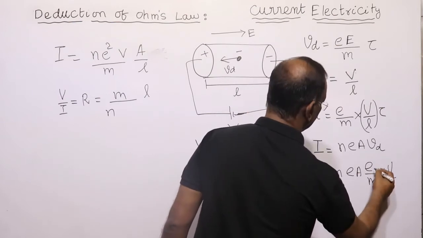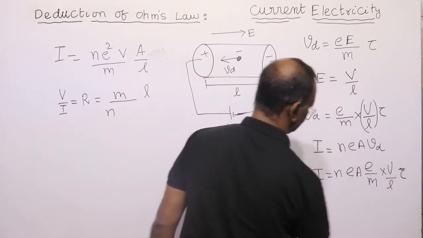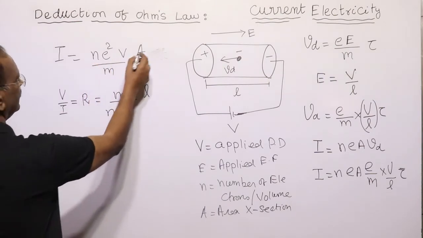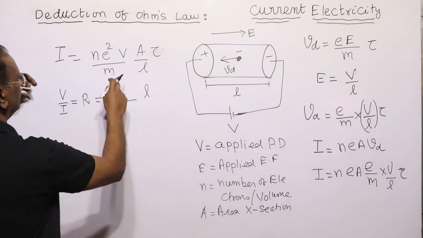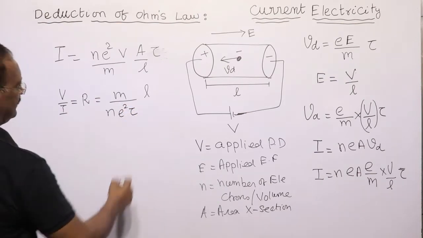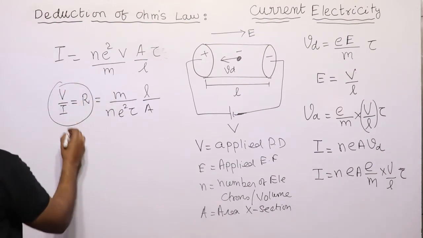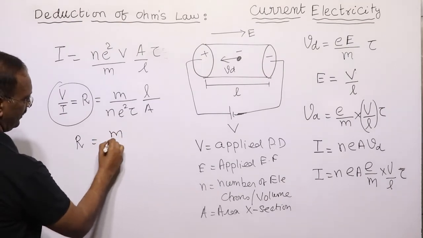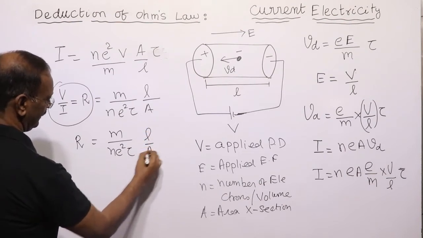So this is the resistance part: resistance is given by the expression m L divided by n e squared tau A.